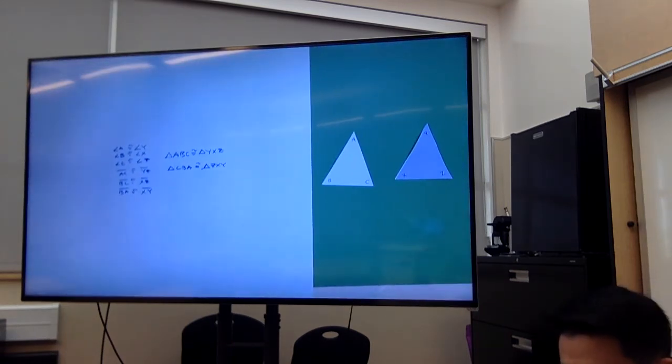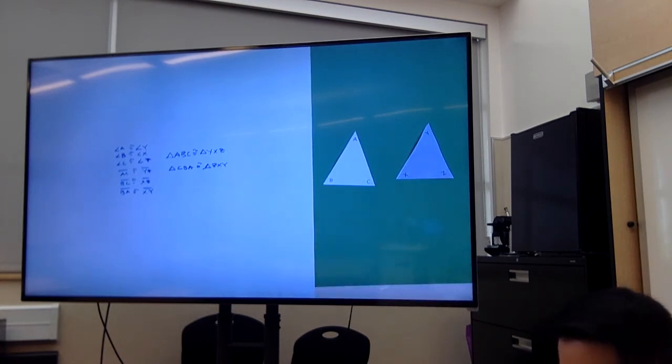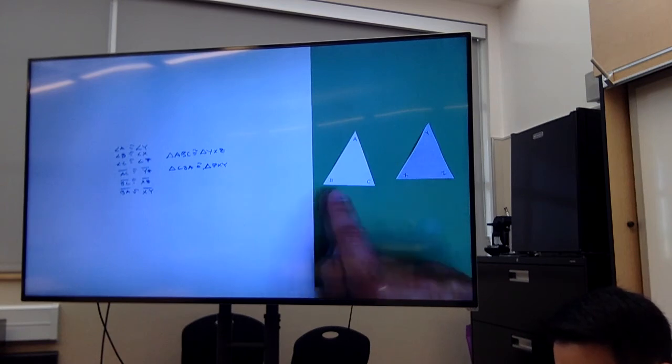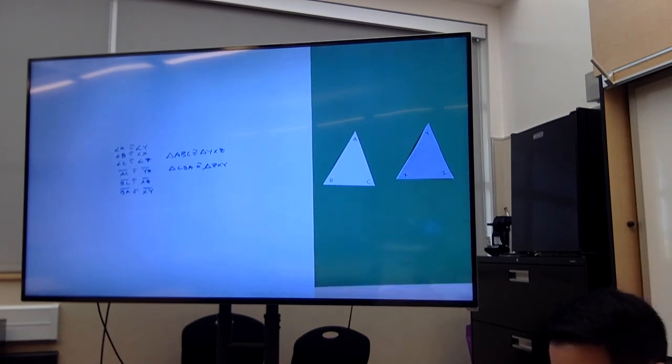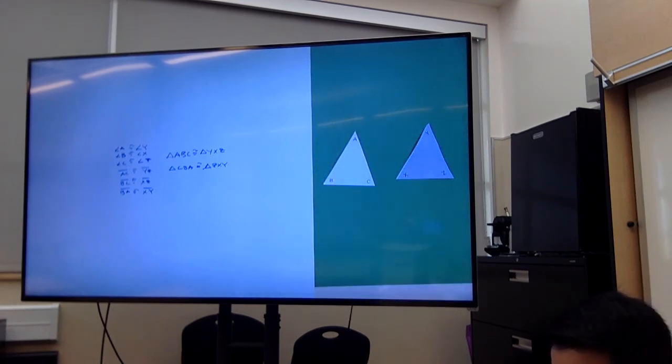We know that angle A matches with angle Y, angle B matches with angle X, and angle C matches with angle Z. We also know that side AC matches with side YZ, segment BC is congruent to segment XZ, and side BA is congruent to side XY.